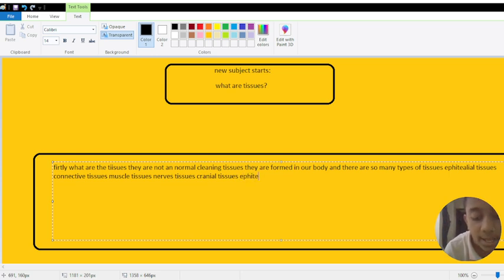Epithelial tissue has two types. First is the flat one and the stratified one.